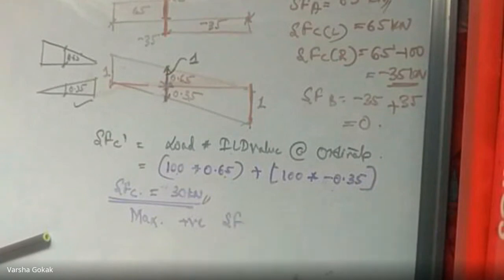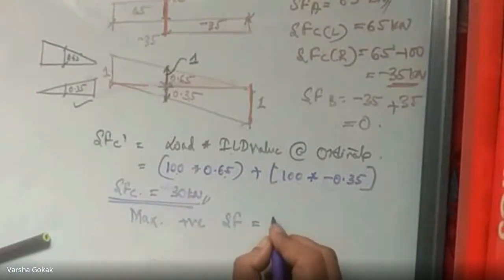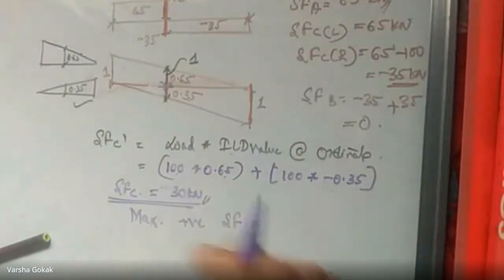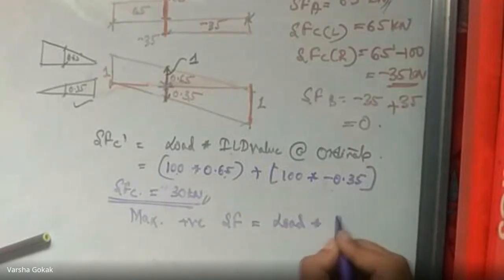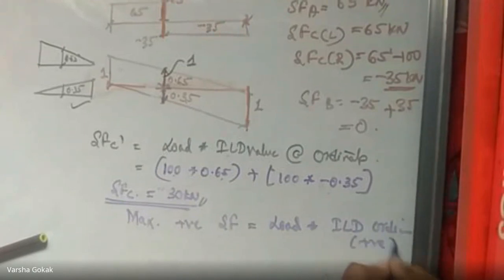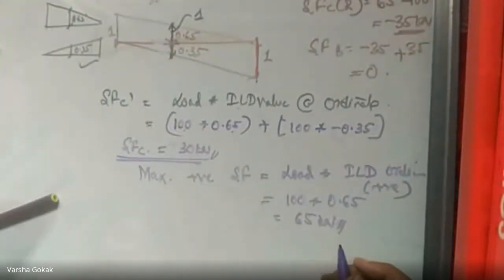And then the maximum positive shear force, if I want to calculate. Means what is the maximum value of the shear force which is positive in sign convention, is going to be again load into the positive ordinate. So it is load into the ILD ordinate which is a positive value. So load is 100 into 0.65. So that makes it 65 kilonewton. That is the maximum shear force, right?